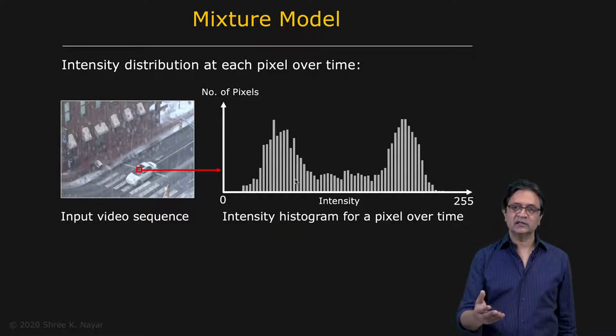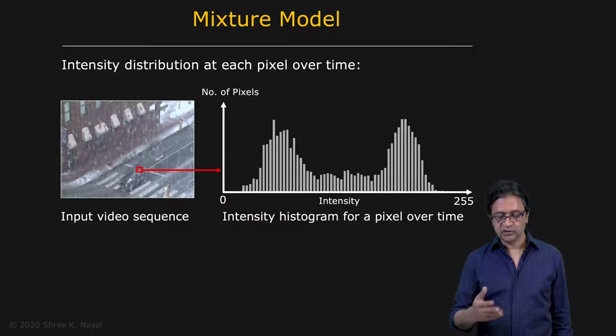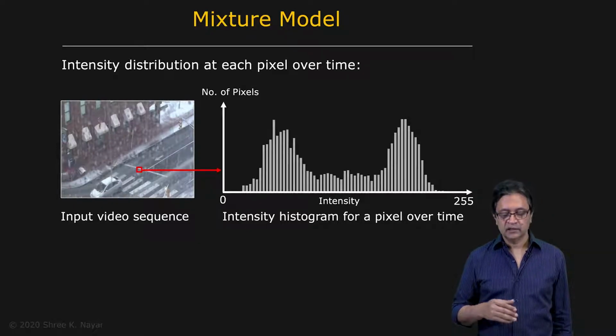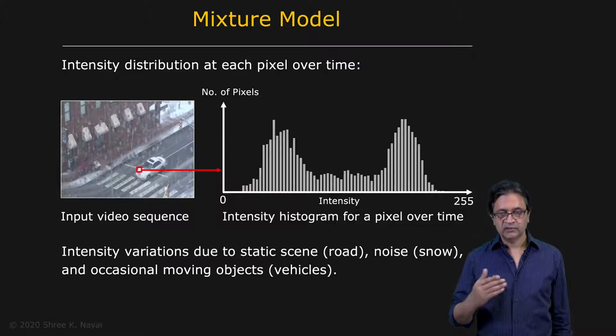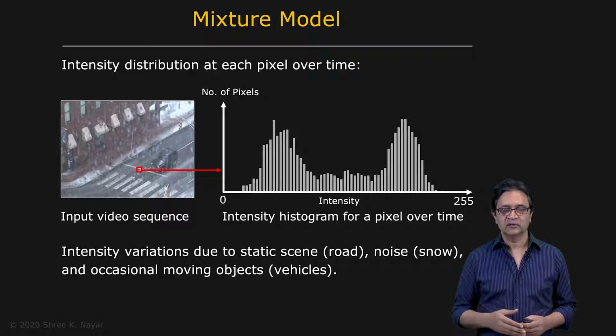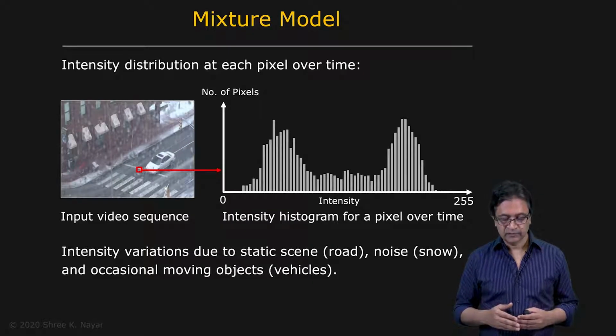So we want to understand the structure of this histogram. Fairly sophisticated and detailed in terms of variations. There's a lot going on in here. Well, the first thing to notice is that the fluctuations or the variations in intensity are essentially due to three things. The static background or the road, which may or may not vary with time, but it could vary because of, say, for instance, illumination changes.